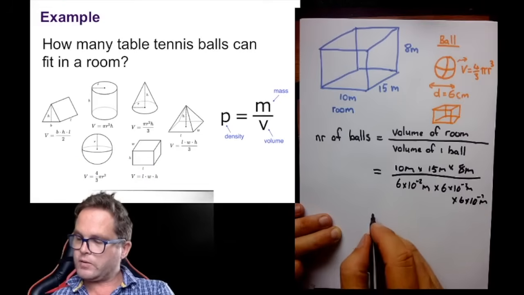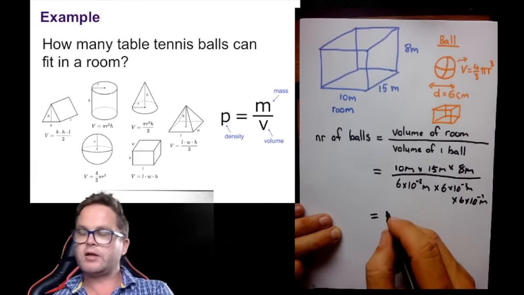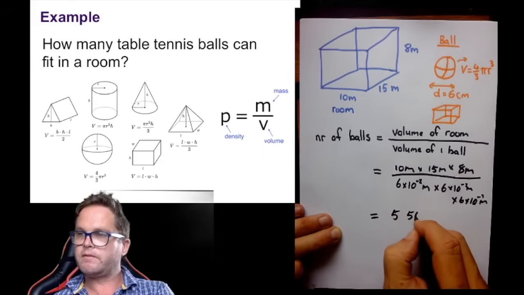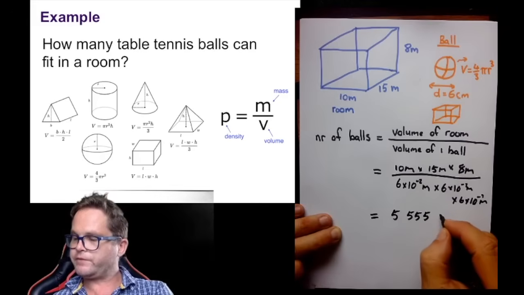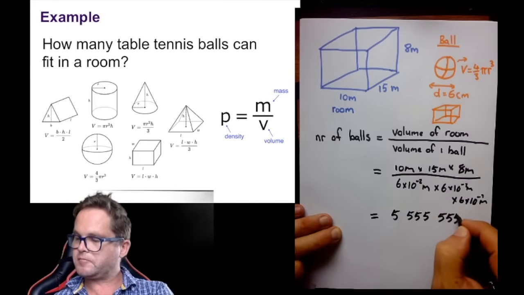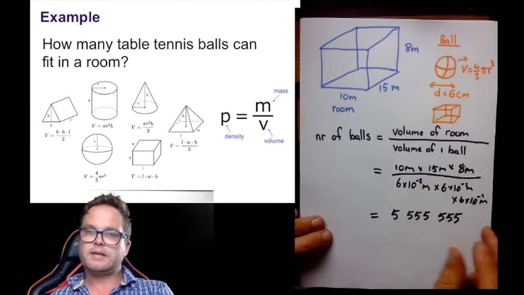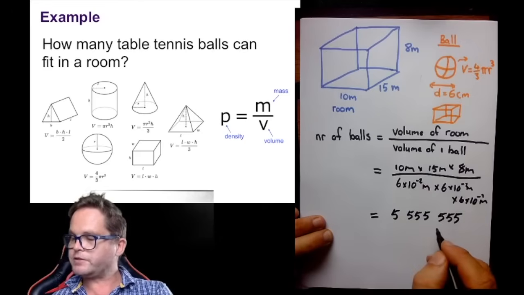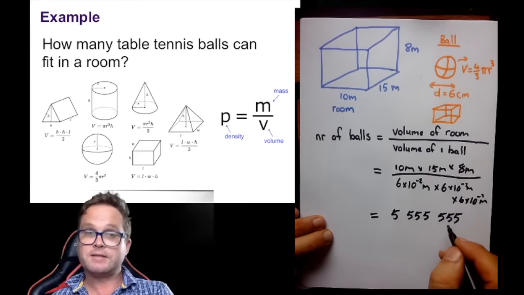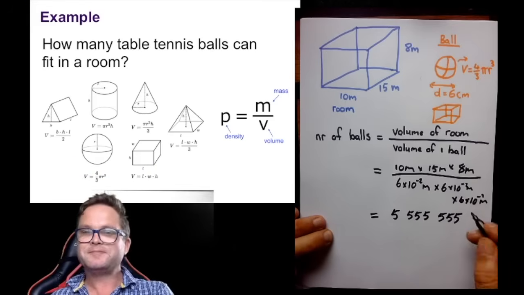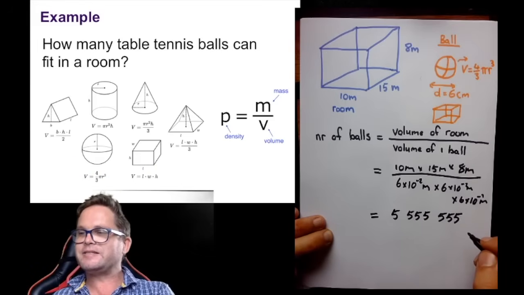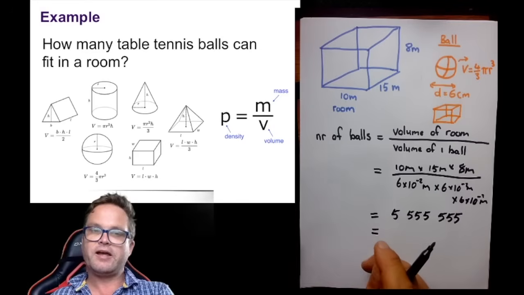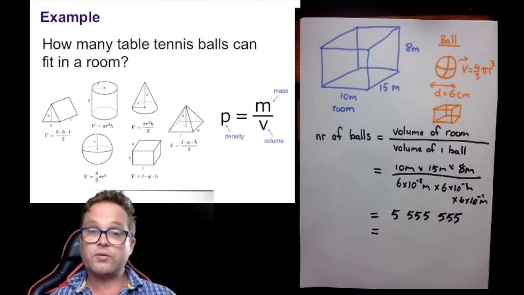And if we calculate what that is, then you can calculate it for yourself, but it's actually this number of balls, 5,555,055 balls. So the next thing we need to do is round this off to the correct order of magnitude.